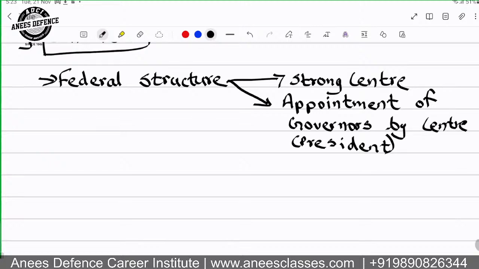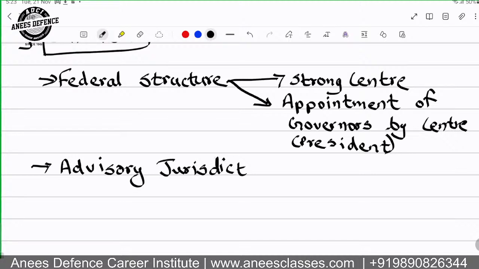Next, we have to study advisory jurisdiction of the Supreme Court.